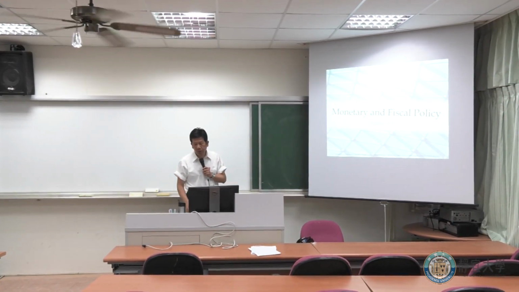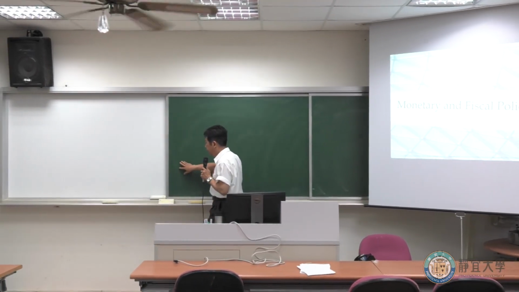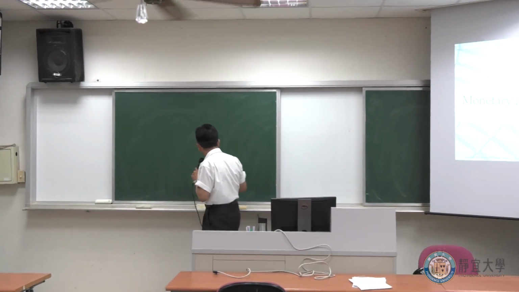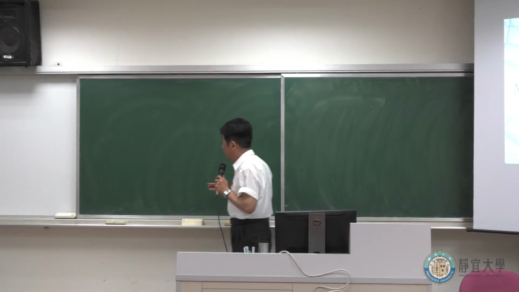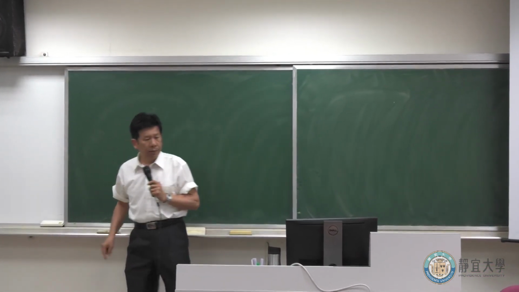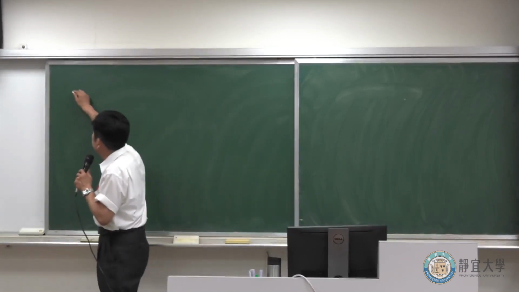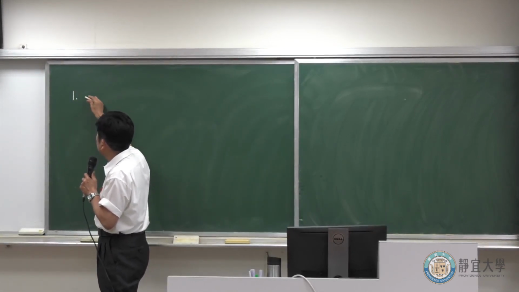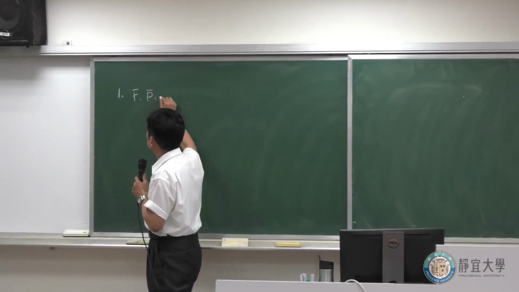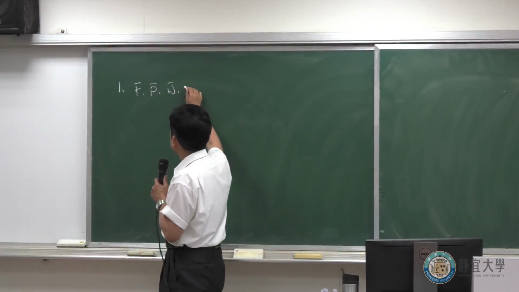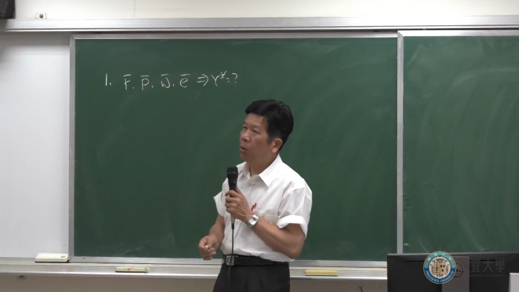Actually, I mentioned before we have four stories, and now we just talk about the second story. The first story, we let R constant, P constant, W constant and E constant, and then we find equilibrium Y equal to Y*.